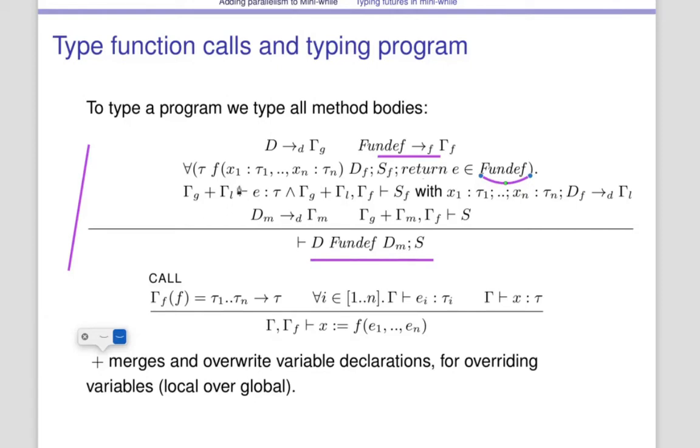A function definition has this shape, with gamma the return type. You can see the parameters here, and you can see the body of the function here, Df Sf, which is Df the declarations, and each function returns something, and it's the expression e.